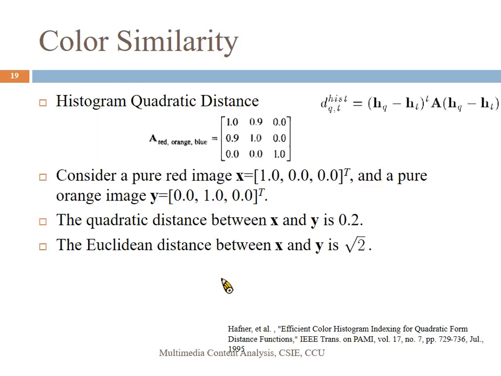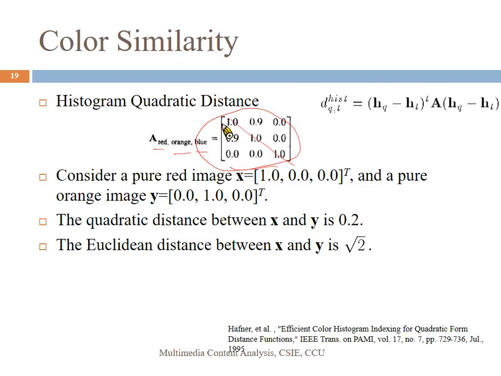And here is an example. If we only have three types of color, red, orange, and blue, and we represent an image by a three-dimensional color histogram as the distribution of red, orange, and blue, we may have a correlation matrix like this. This matrix represents the similarity between different colors.